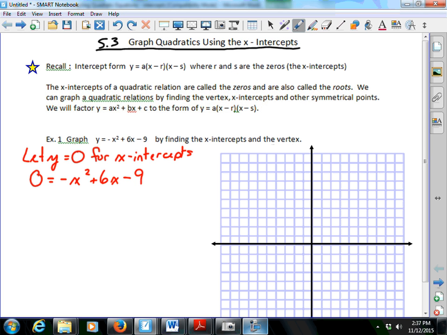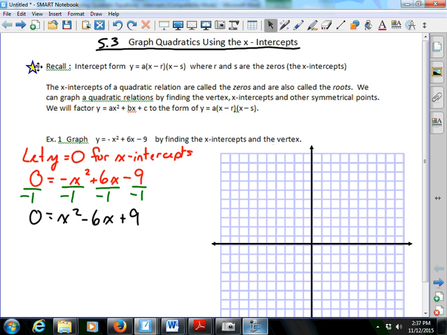Just like yesterday's lesson, we need to solve for x. What I like to do is I like having my a value positive. So I'm going to divide everything, both the left side and right side, by negative 1. That way I will get 0 is equal to x squared minus 6x plus 9.